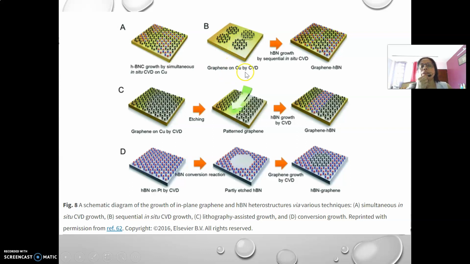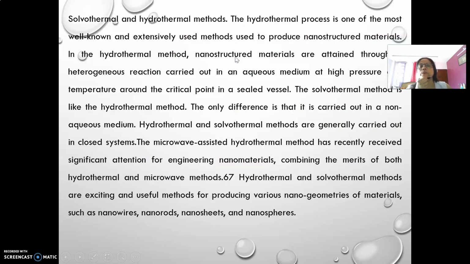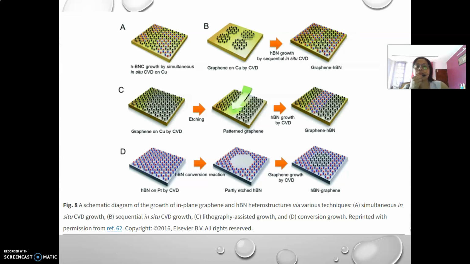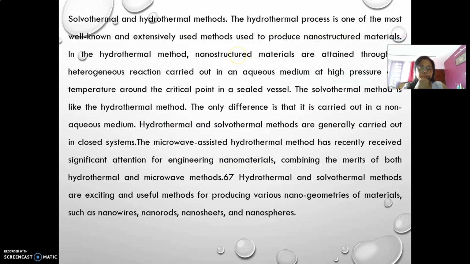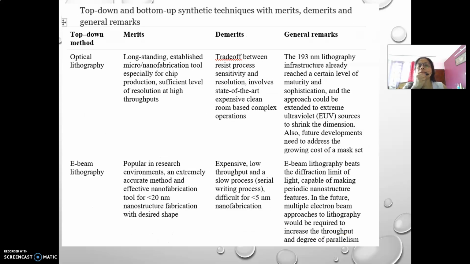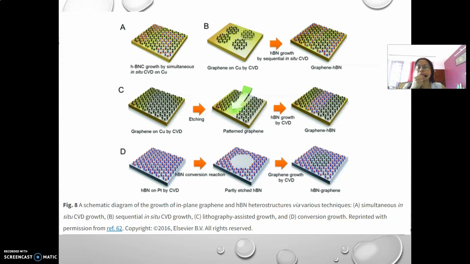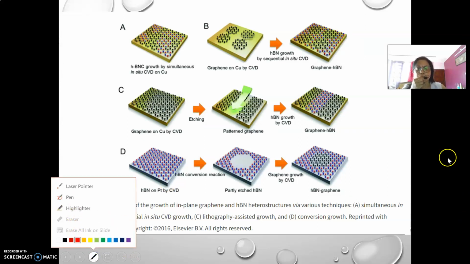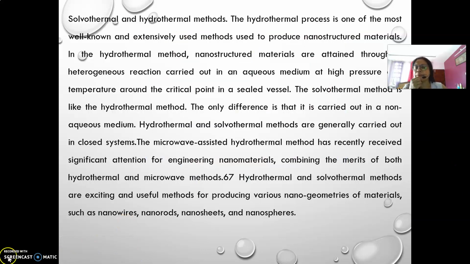Then we can have graphene on copper by CVD, graphene having the hexagonal structure, and it is deposited over the copper surface. So similarly, we can see that we can go for synthesizing different types of things with the help of the CVD technique.